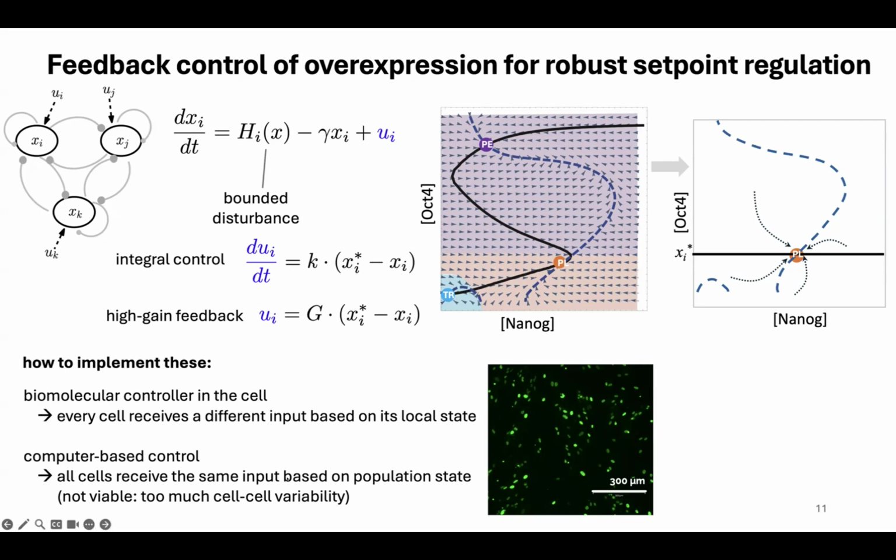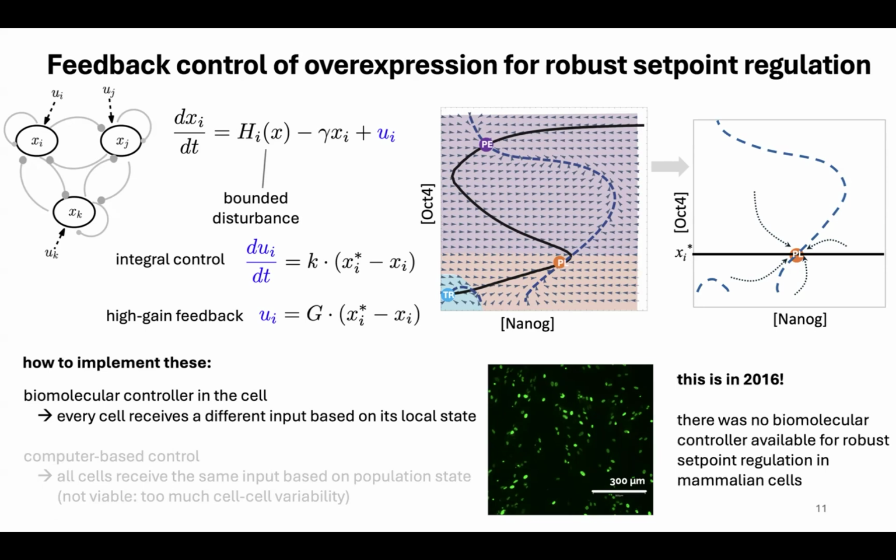The second approach is not viable for this problem because we have a high level of cell-cell variability, and therefore it's not desirable to have the same inputs applied to all cells. Rather, each cell should get the input reflecting its internal state.